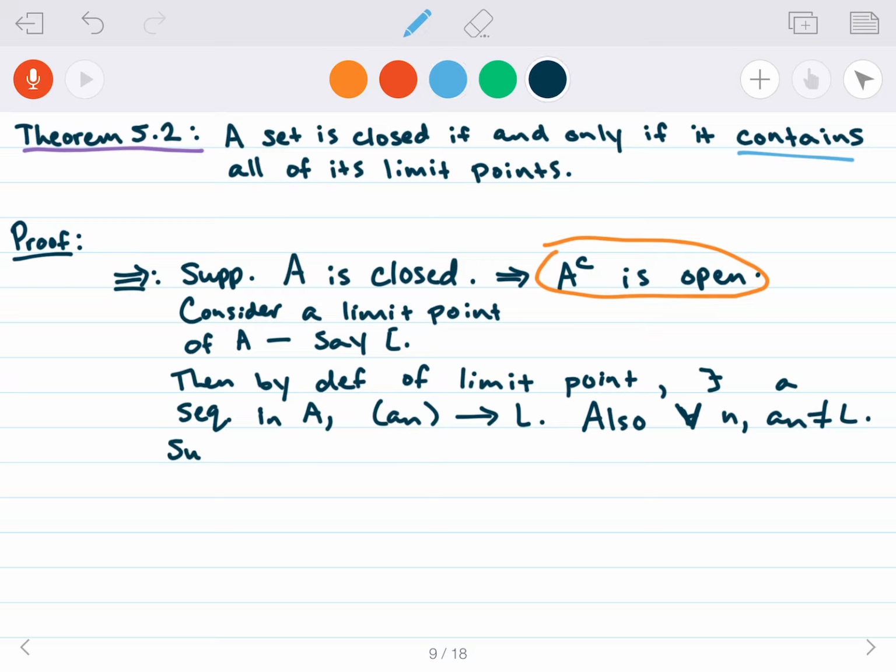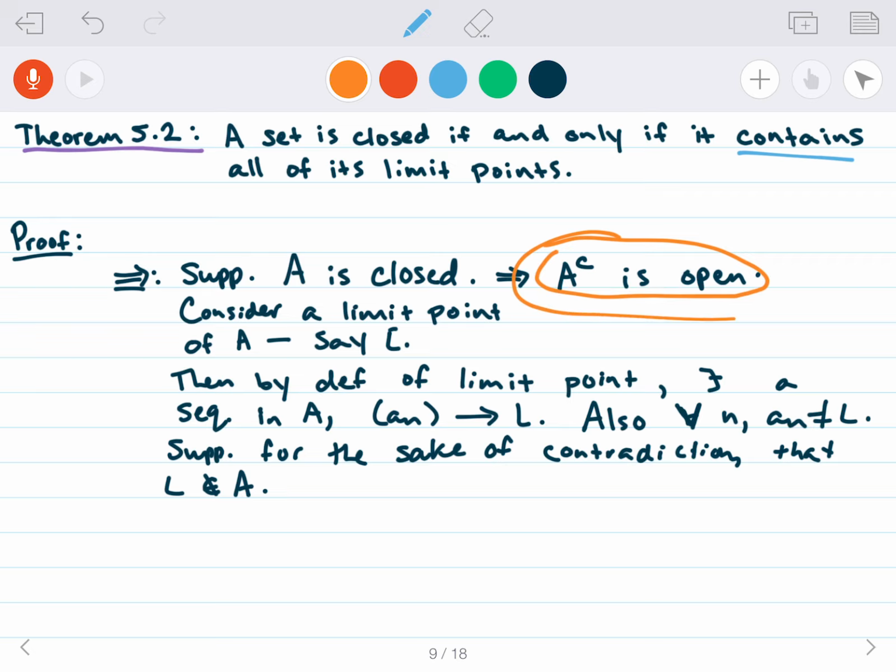So suppose, for the sake of contradiction, that L isn't in A. Well, what does it mean for L to not be in A?